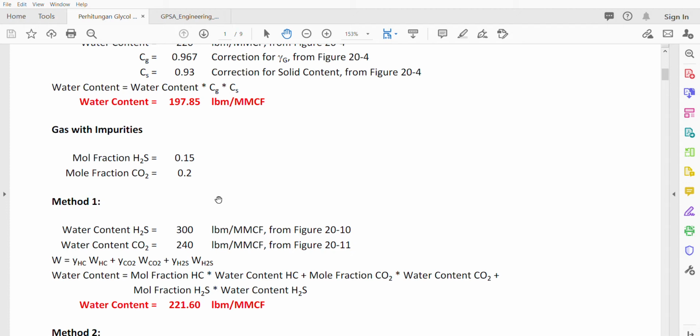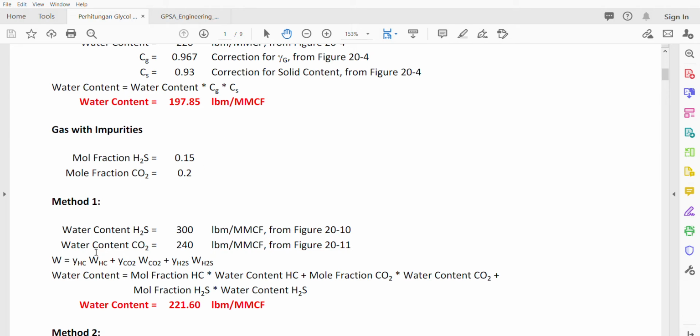The first method is we calculate the fraction of each of the impurities, CO2 and H2S, and then by using a chart, we will find out the water contents of the H2S and CO2, and of the hydrocarbon has already been calculated up there.